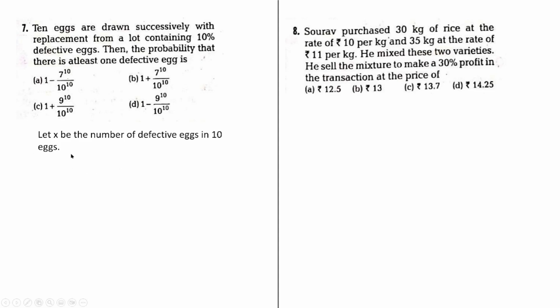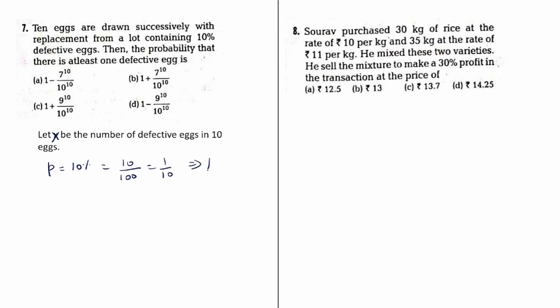So let X be the number of defective eggs in 10 eggs. The probability of success P is given by the probability of getting a defective egg. Probability of getting a defective egg is 10% or 10 by 100, which is 1 by 10.